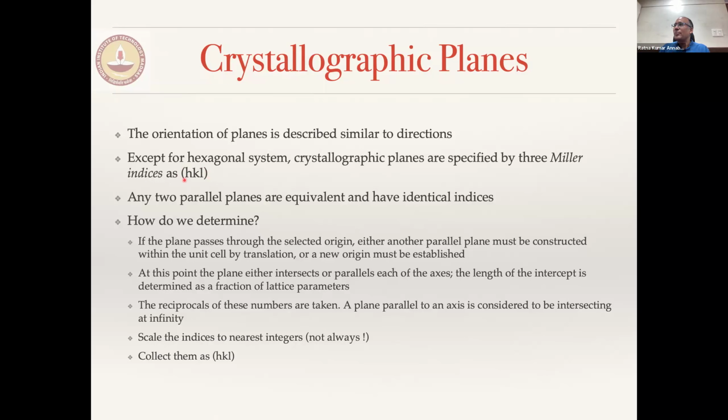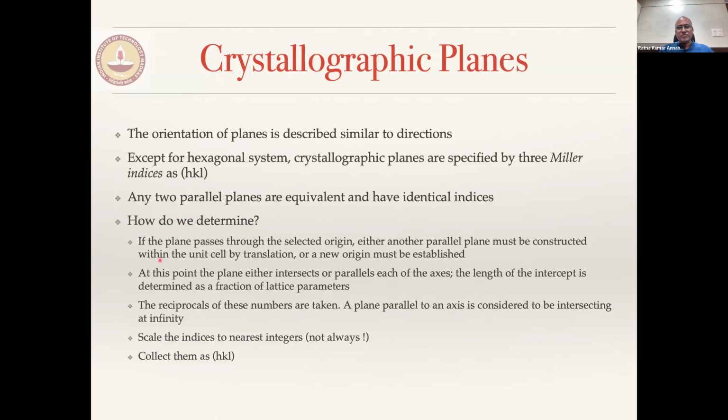A plane is represented by a parenthesis, and a family of planes by curly braces. We will see that. Any two parallel planes are always equivalent and have identical indices. If you have two parallel planes, they have the same index. We will see how. So now, how do we go about determining these indices h, k, and l?